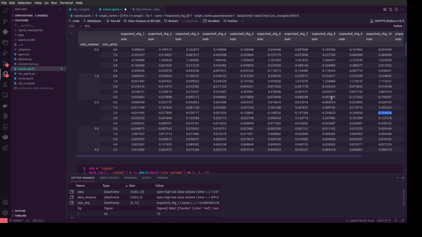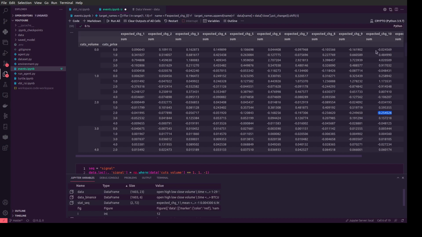And if you trade with some technical indicators or events, you should use this table to understand how this data influences the price.